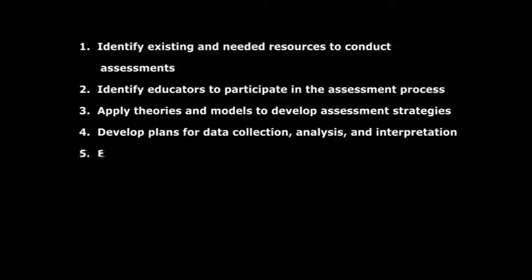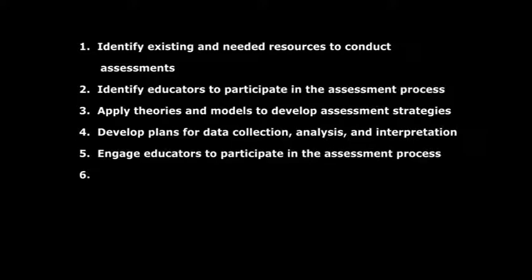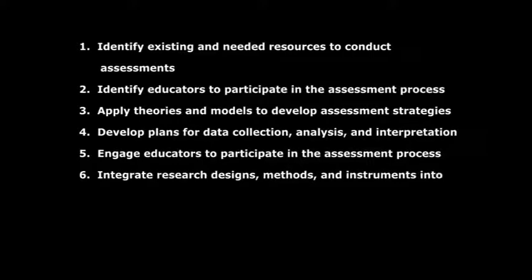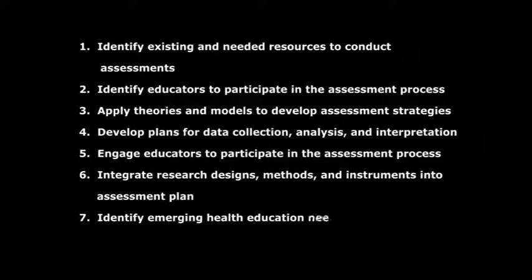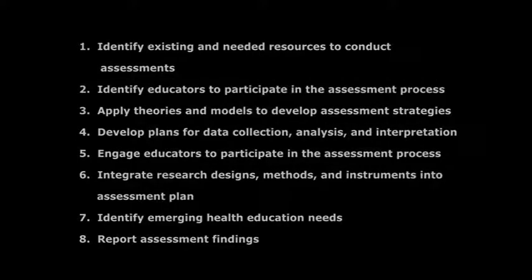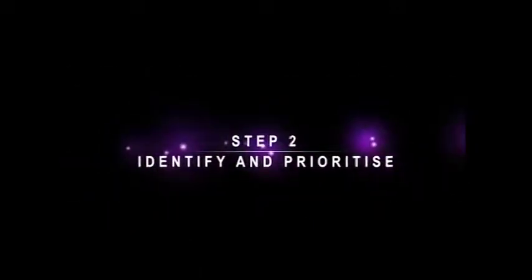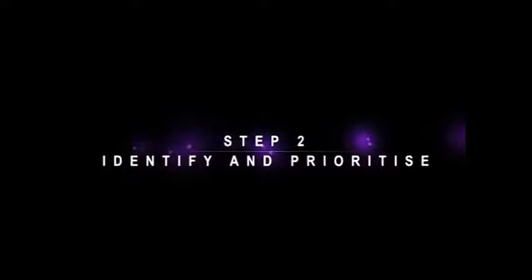Number 5, engage educators to participate in the assessment process. Number 6, integrate research design, methods, and instruments into assessment plan. Number 7, identify emerging health education needs. Number 8, report assessment findings. After this, we have step 2, that is identify and prioritize.